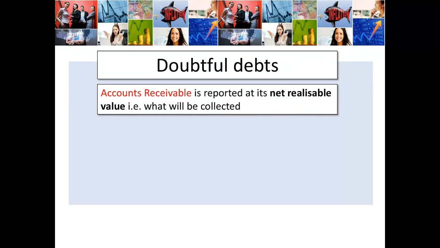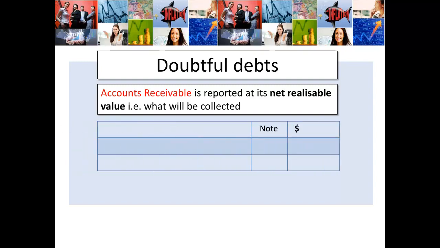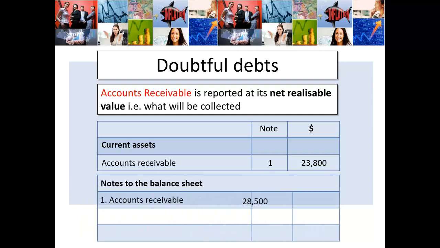Accounts receivable is reported at its net realisable value, i.e. what will be collected. So here we have our current assets, and within current assets there'll be an accounts receivable, and we'll have a little note there. Notes to the balance sheet.